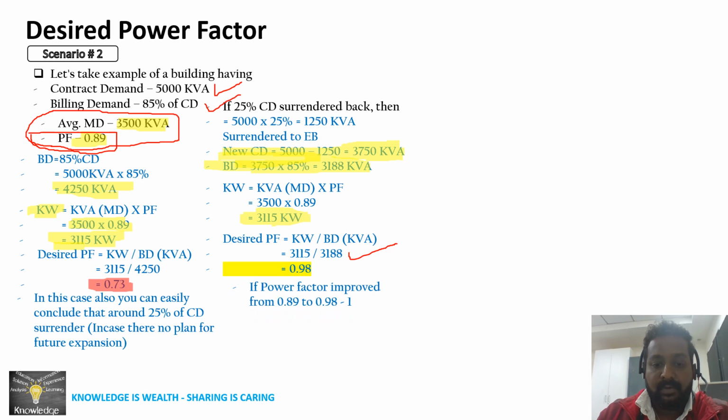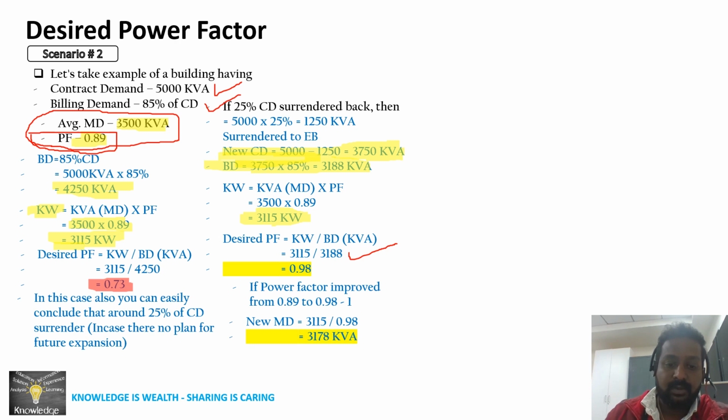What if we improve power factor from 0.89 to 0.98 and 1? What will happen? Because our kilowatt is constant, that is the building load, which we need to satisfy. Increase in power factor will reduce the maximum demand because power factor is inversely proportional to kVA.